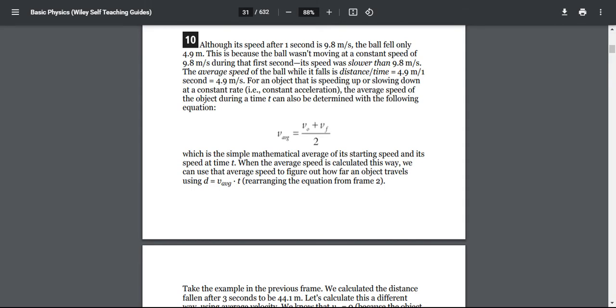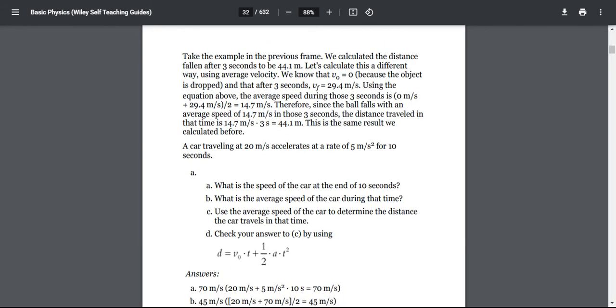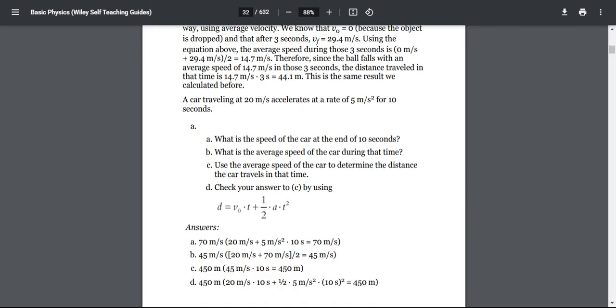So let's find the fallen distance after 3 seconds, which we found to be 44.1 m, in this different way using average velocity. First we have to find the average speed.